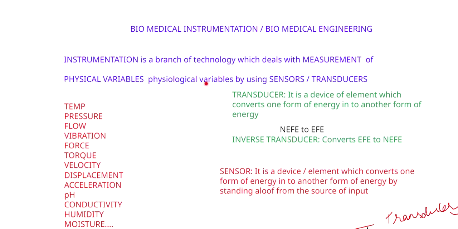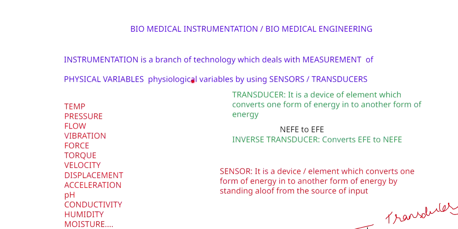If I want to measure pressure in a pipeline coming out of a turbine, it is called a physical variable. If I want to measure the pressure of blood in a blood vessel, then it is called a physiological variable.